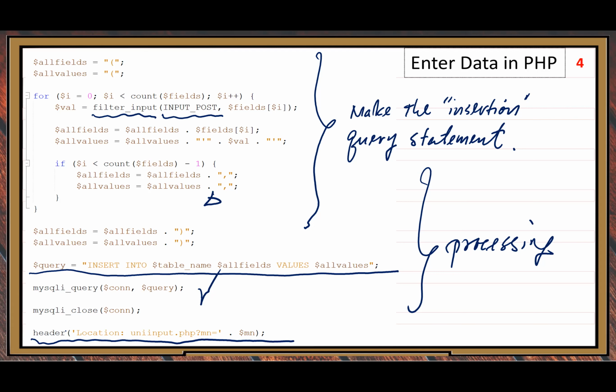We call the PHP header function to go back, to display a page at a certain URL. After the location, you give the URL part, our input page, unit input.php, but we want to show the same table that you entered the data.